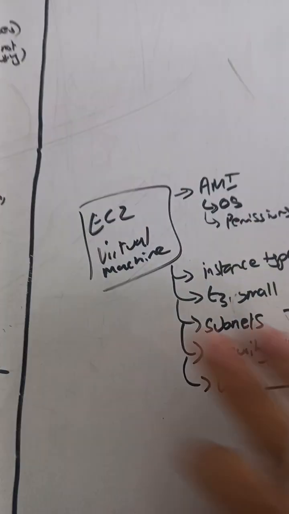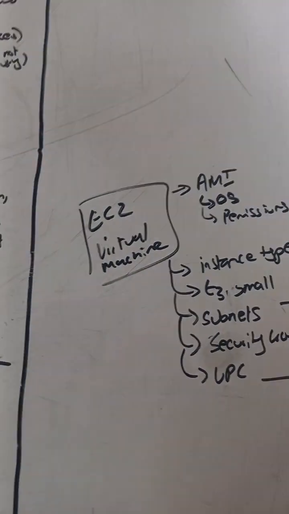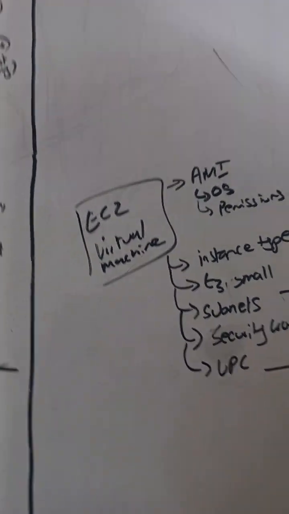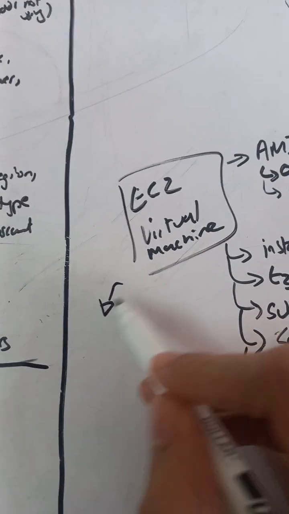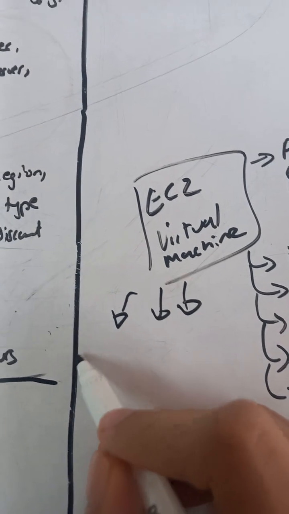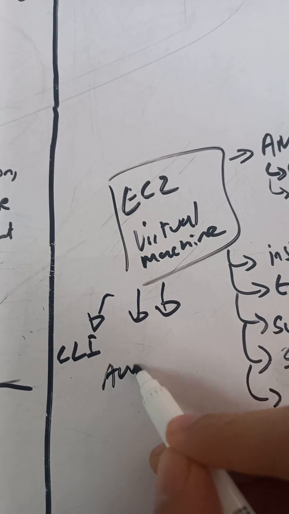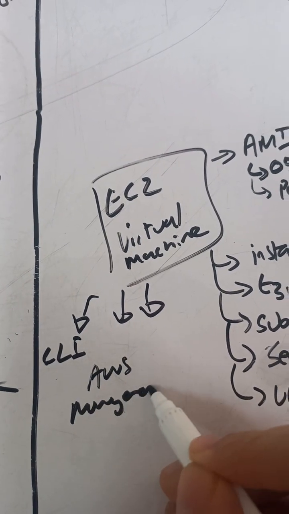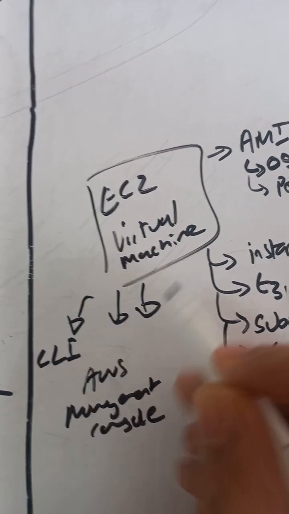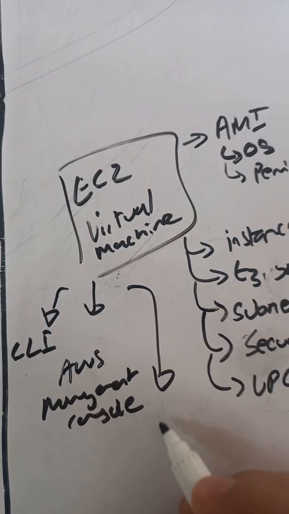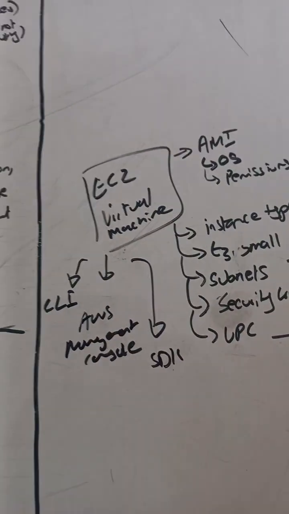But when you are creating your EC2 instance, the instance is going to start up, and then you are given three options to control your virtual machine: either by the AWS CLI, or by your AWS Management Console, or by using the AWS SDK.